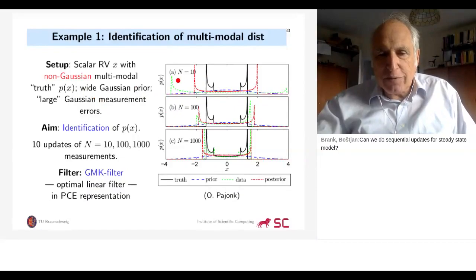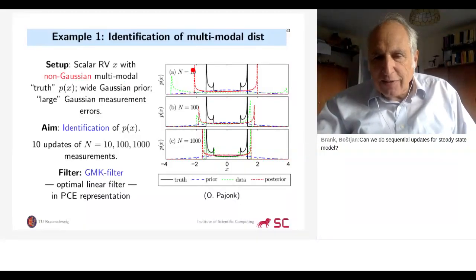So I take 10 samples, okay, and do 10 updates with 10 samples, okay, and then I get, I think this is actually wrong. So the black guy is the data, the red guy is the posterior, and the green guy is... okay, I think it's the wrong way around. And the colors here in these two pictures.